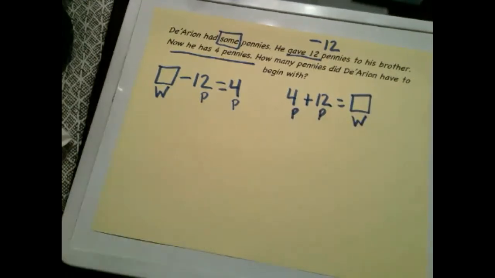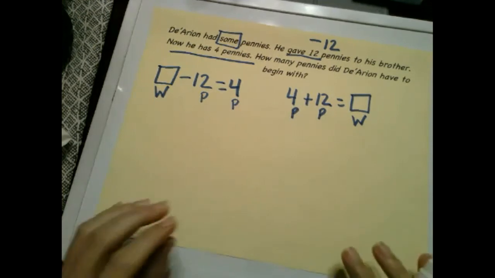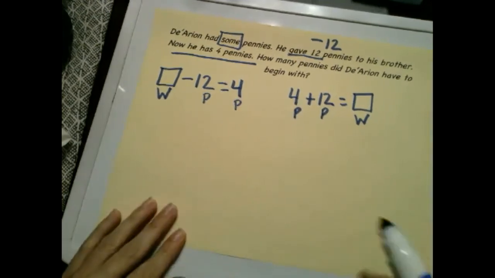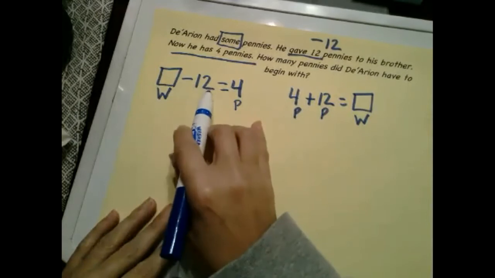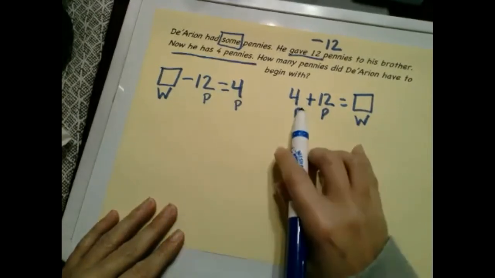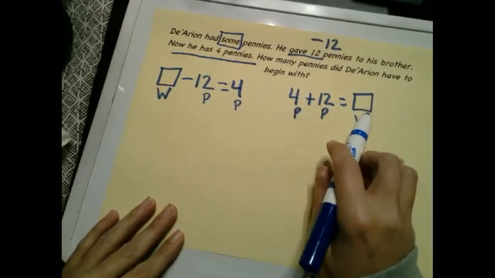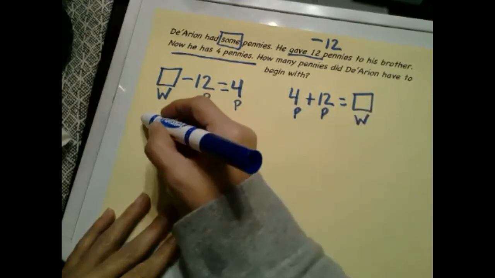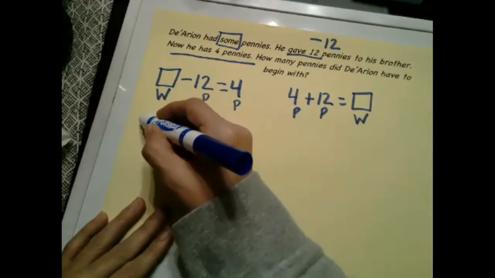Take a moment, use a model and strategy, and then hit play when you're ready. Great job, mathematicians. Something minus 12 equals 4. 4 plus 12 equals something. So we could start with our 4.